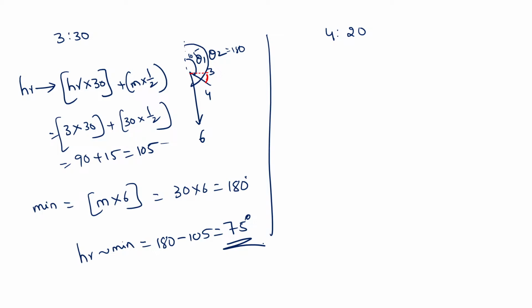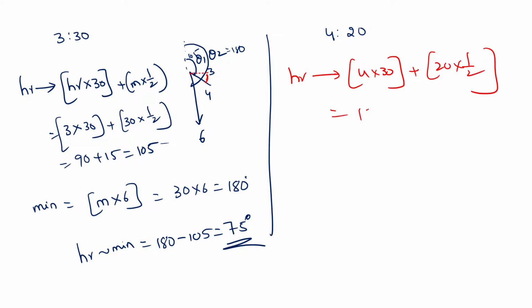I am going to solve one more problem. Please pay attention. Simple thing. First of all, you need to find out angle made by hour hand. Then you need to find out angle made by minute hand. So let's find out angle made by hour hand. So hour hand angle equal to hours into 30 plus minutes into off. So 120 plus 10, you are going to get 130.